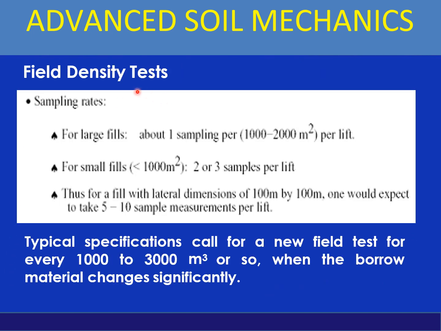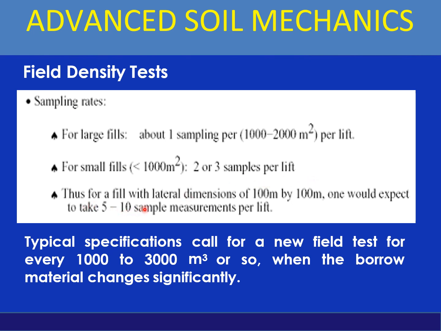Field density test. The sampling rates for large fills are about 1 sampling per 1000 to 2000 square meter per lift. For small fills, that is 1000 square meter, that is 2 to 3 samples per lift.